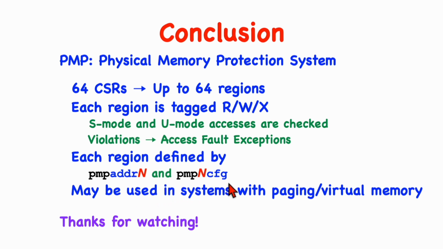The physical memory protection system can be used in conjunction with the virtual memory paging system. Basically, an operating system running in Supervisor mode will be constrained as to what areas of the physical address space it has access to. So I covered a lot of details, but if you made it up to this point, you now have a pretty good idea of what the physical memory protection system is all about.